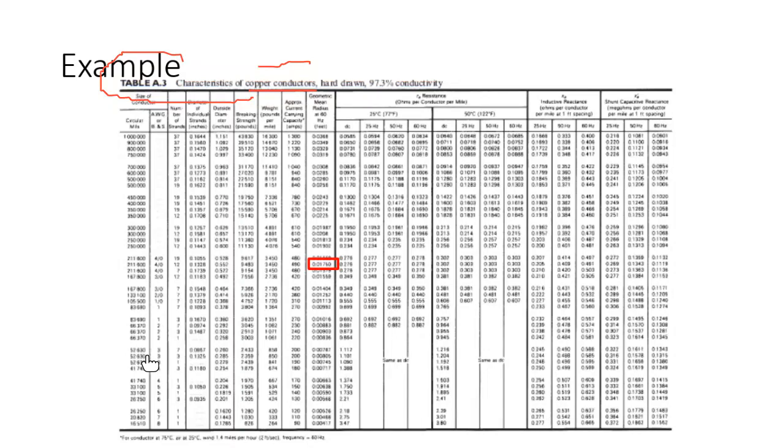The end result, Henry per meter inductance, is okay. Then it's just one conversion to mile, converting meter or kilometer into mile, 1.6.